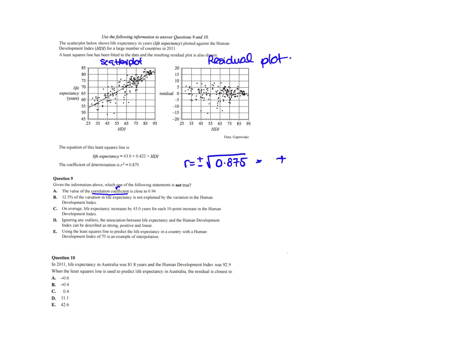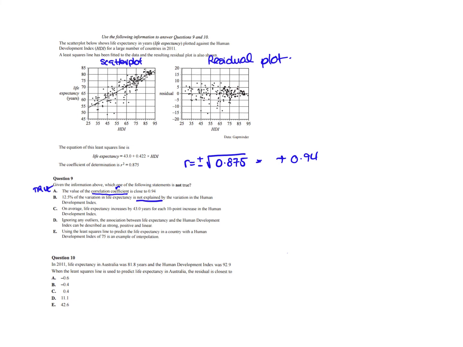Is it 0.97? Oh, what did they say? 0.94, sorry. It is. So this is true, and we're happy with that. So R ended up equaling 0.94.